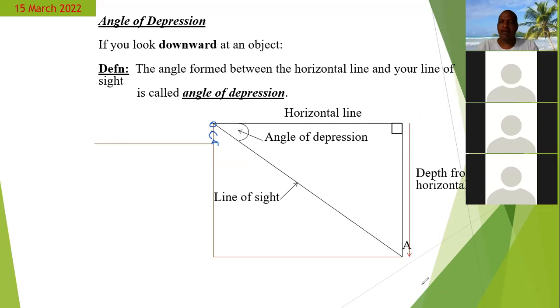If we are unable to measure our hypotenuse, that means we can never have a value for that. We don't have a way of measuring it. Then which trig ratio would be best suited when we are working with the angle of elevation and the angle of depression?